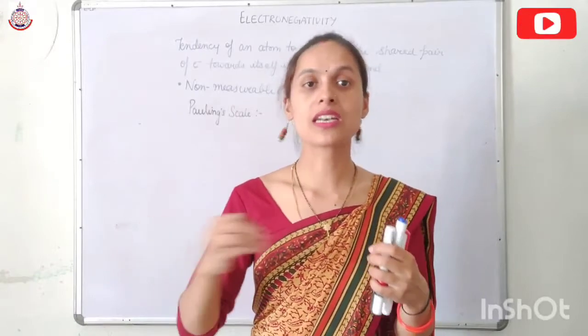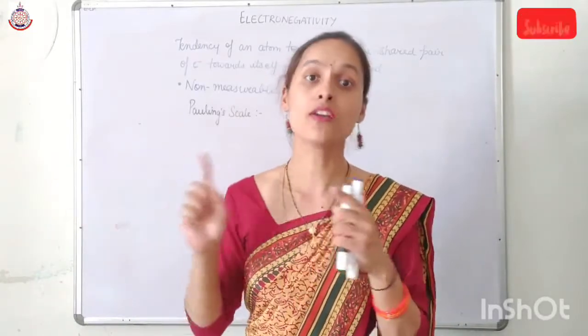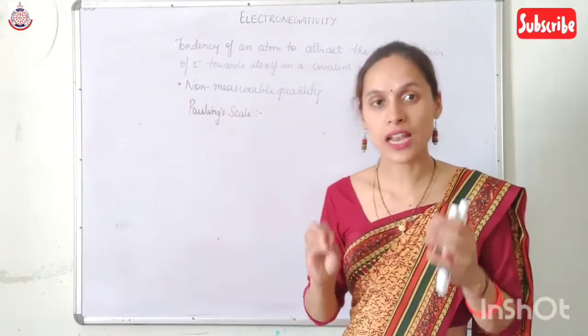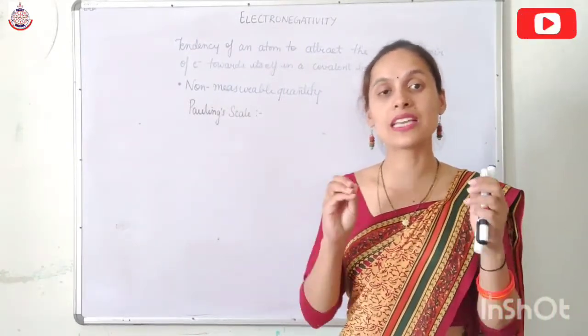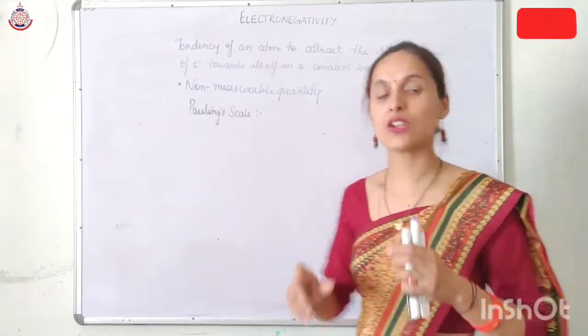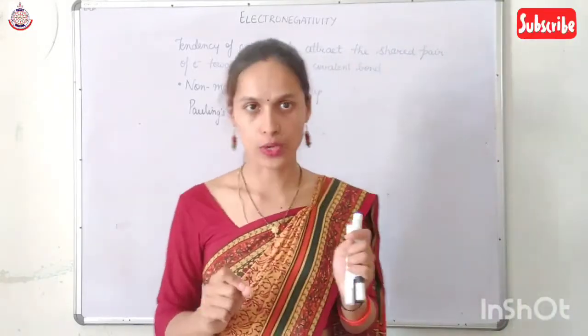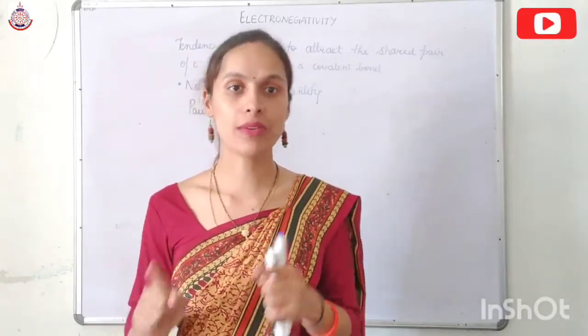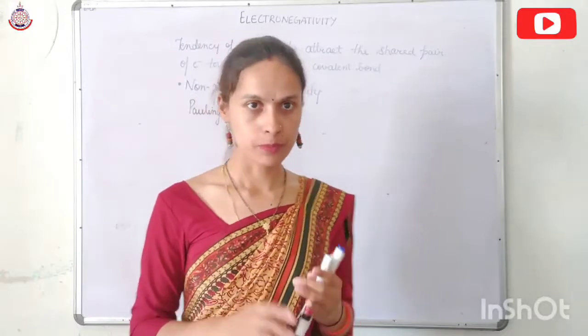So it's just a relative number with respect to fluorine. The electronegativity values for different atoms are not exact measurable values. Why fluorine? Because fluorine is the most electronegative element of the periodic table.